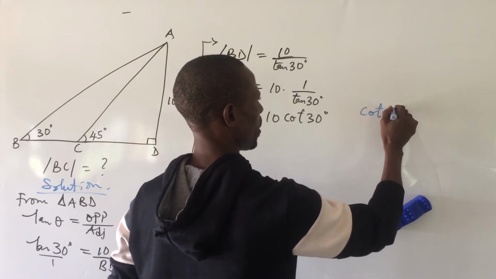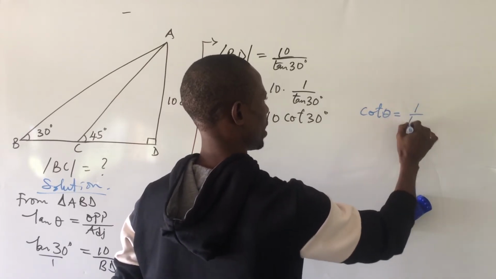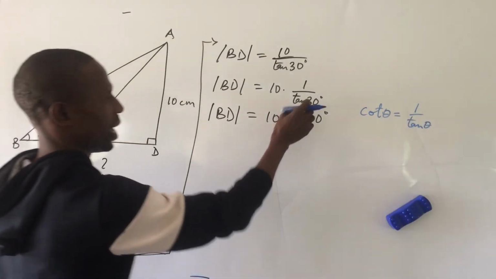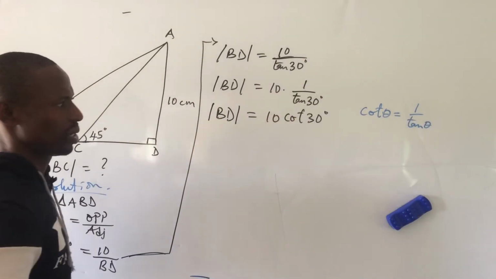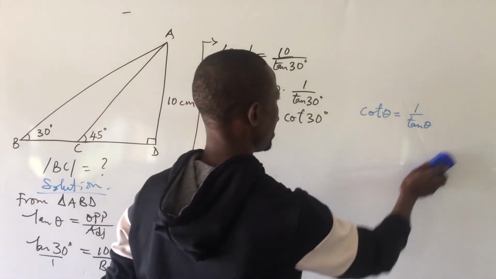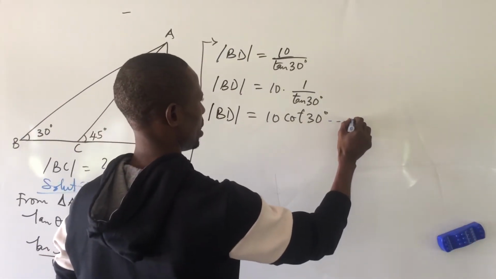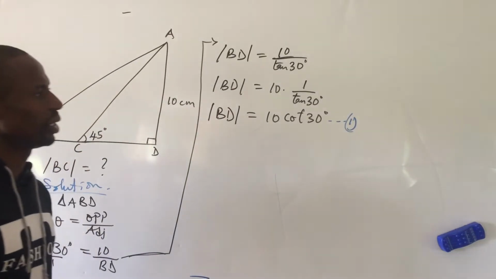Cot theta is equal to 1 all over tan theta. This is the relationship I use in converting this to this form. Now from here, let's give this equation 1.